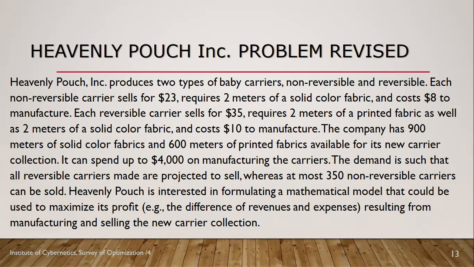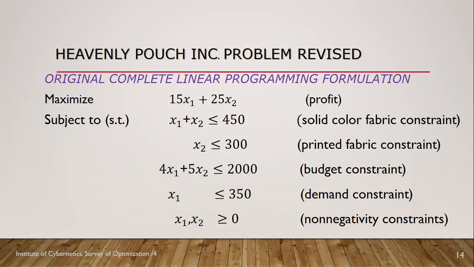The demand is such that all reversible carriers made are projected to sell, whereas at most 350 non-reversible carriers can be sold. Heavenly Pouch is interested in formulating a mathematical model that could be used to maximize its profit resulting from manufacturing and selling the new carrier collection. Recall that the original LP formulation would look like this.